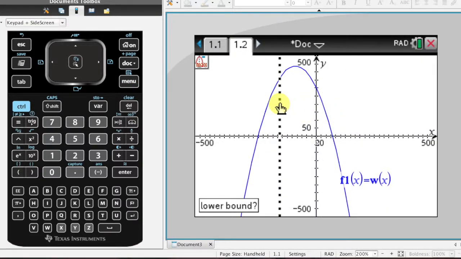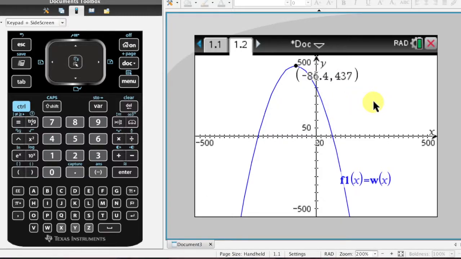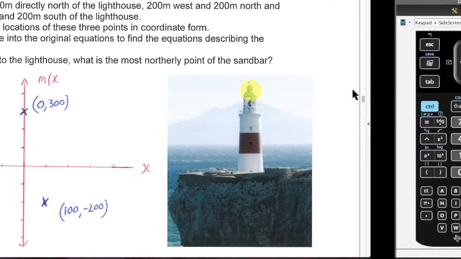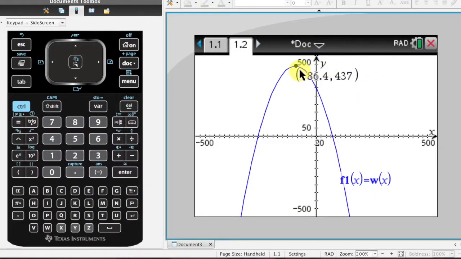What I'll do is I'll sweep from left to right, click on the left hand side of it, sweep across, get to the right, and you can see that the most northerly part of the sandbar occurs at 86.4 meters west, 437 meters north. So what is the most northerly point of the sandbar? It's that position there, which is 437 meters north.